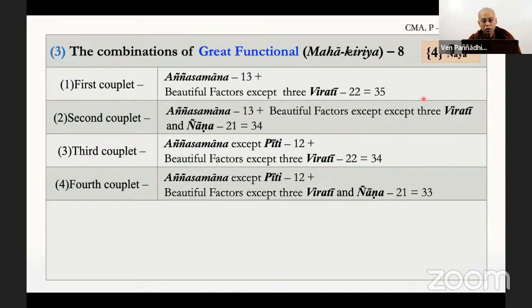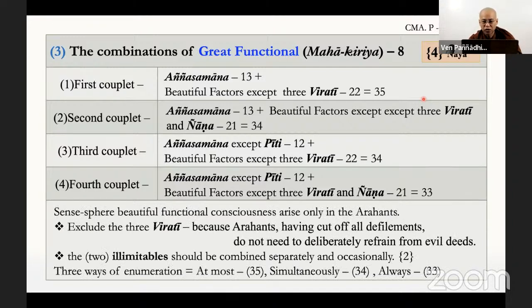Is there any variation or not? Yes, because of the illimitables. If we remove the two illimitables, it becomes 33. This is always. If we add either one of them, it becomes 34. It is simultaneous. If we add both of them together, it becomes 35. So the functional consciousness is also easy to make the variation.